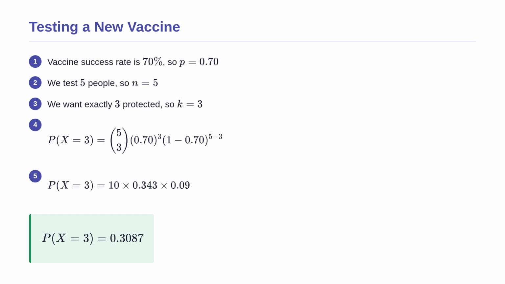We plug these into our formula. The combination term evaluates to 10, meaning there are 10 ways to choose 3 people from 5. We multiply this by the success portion, 0.343, and the failure portion, 0.09. Our final answer is 0.3087. This means there is roughly a 31% chance that exactly 3 people will be protected.